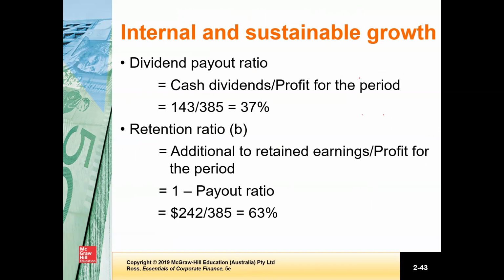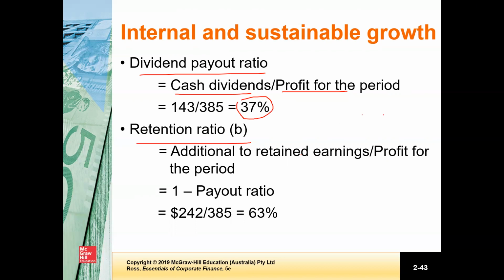And these are, for example, dividend payout ratio and retention ratio. So these are very simple. So dividend payout ratio is cash dividends divided by profit. That means what proportion of profit is distributed as dividends.